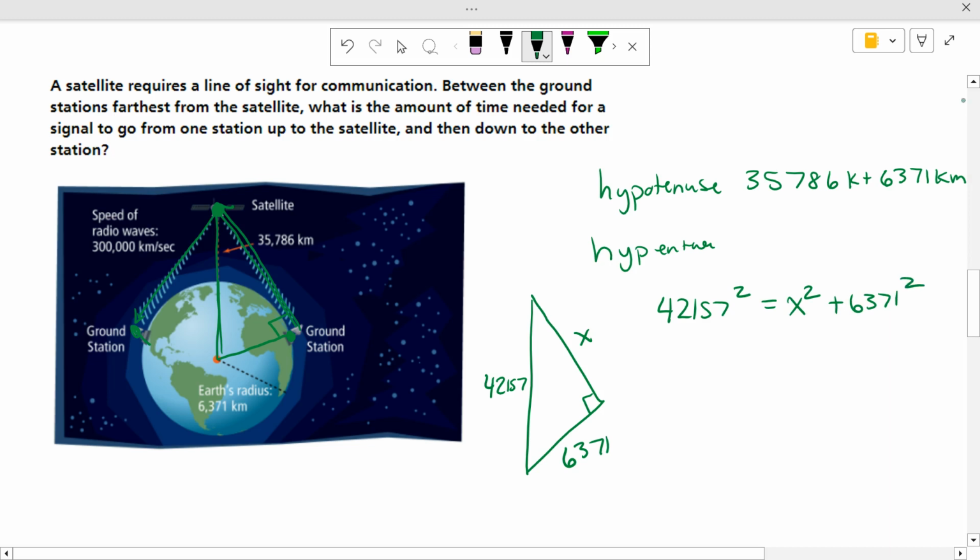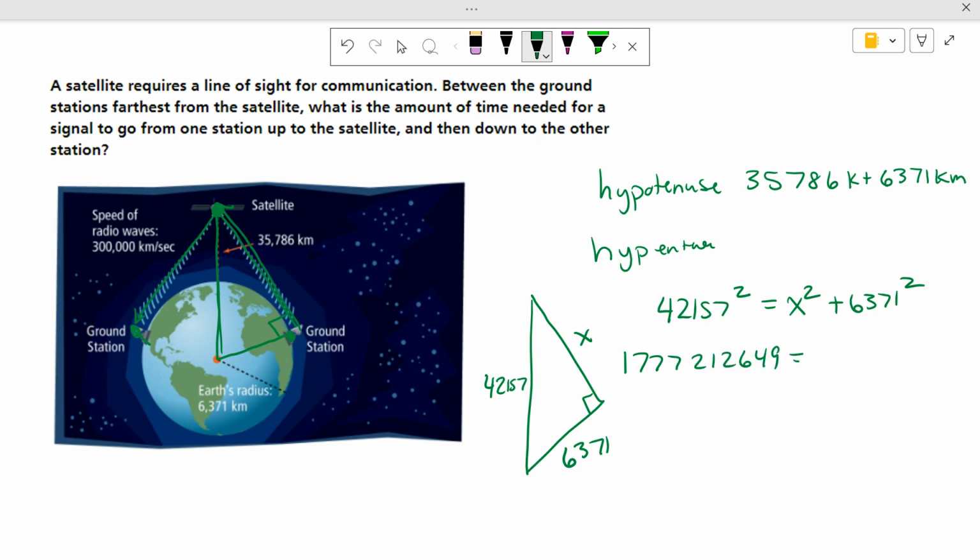Now we're going to get some huge numbers here, but I need some calculator help because I am not doing this on my own. 42,157 squared should be huge. Just give me all the numbers. It's fine. Equals x squared plus, take 6,371 and square that out.